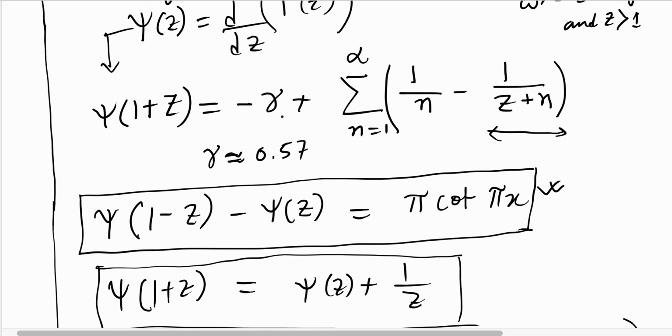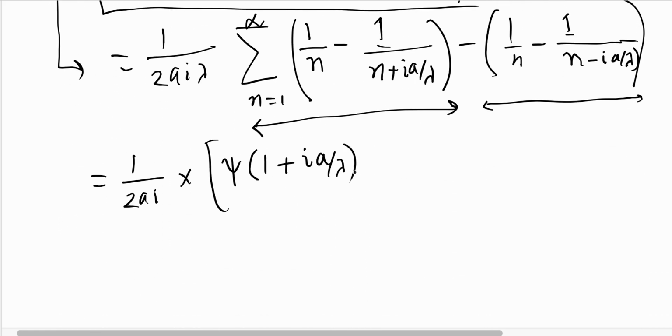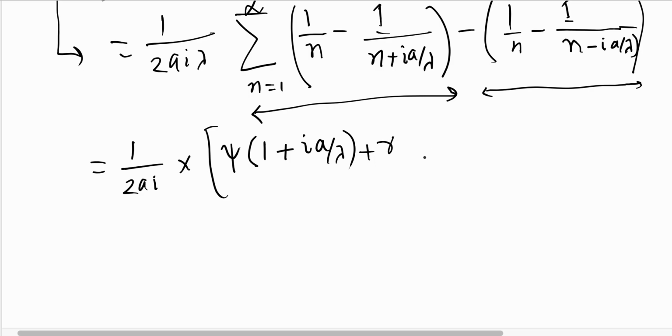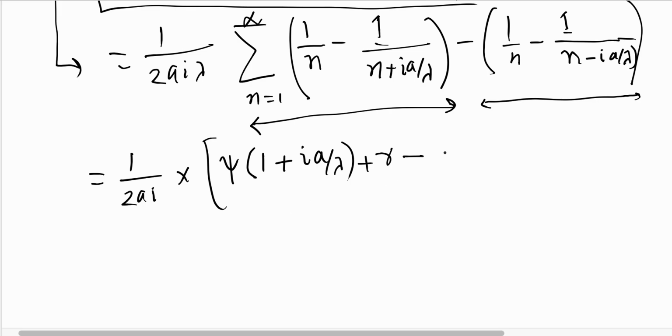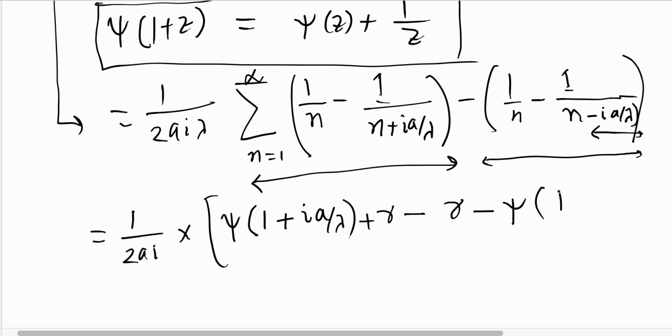And this can be written in the same fashion: gamma minus psi of 1 minus z, where my z is minus ia by lambda.